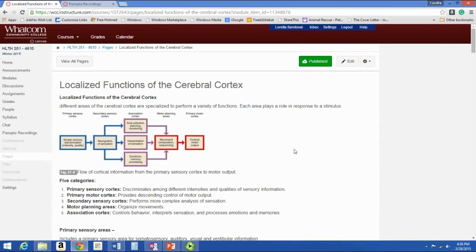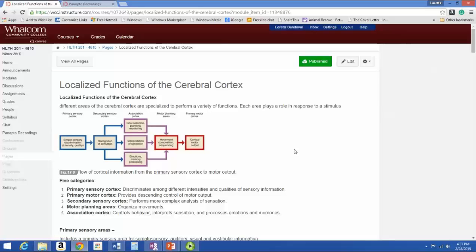And then, if action is required, it passes that information on to the motor planning areas where movement composition and sequencing is performed, and then on to the primary motor cortex for the cortical motor output. That's where the upper motor neurons are, and they send that information out to the body. So that's the whole picture.